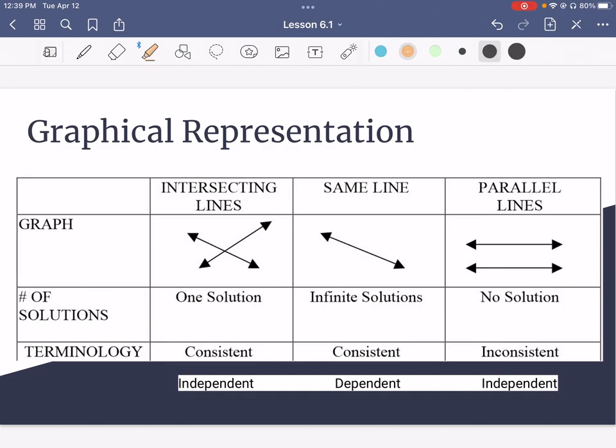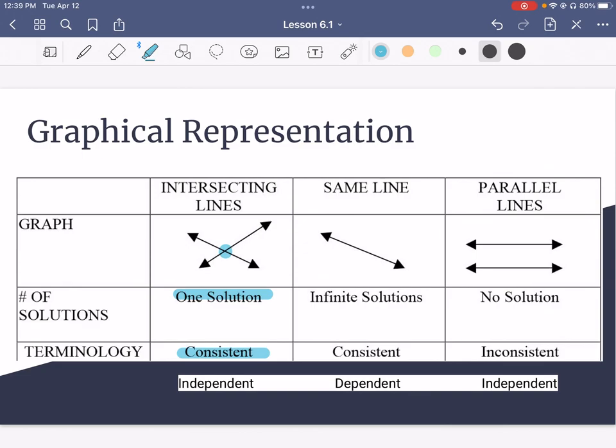then the system of equations is independent, okay? So here's a really good graphical representation of what I was just talking about. In a typical system of equations where you have just one solution or one point of intersection, like this first one, you have intersecting lines, okay?